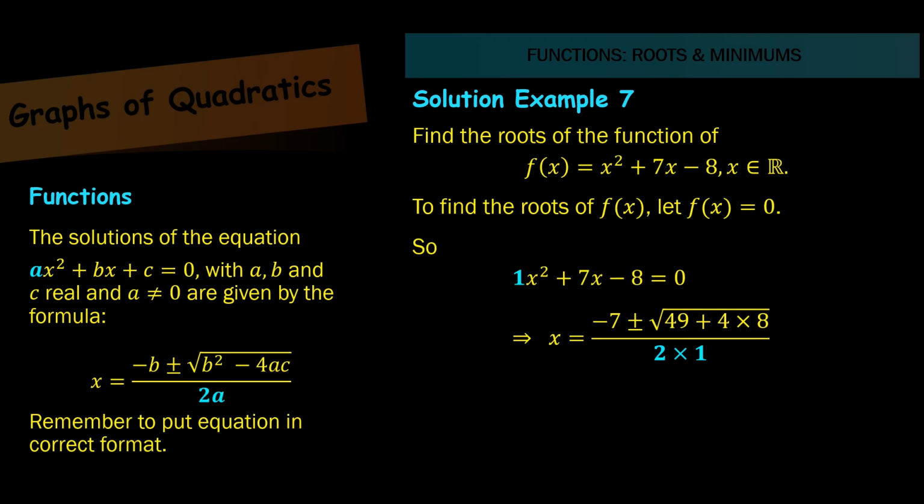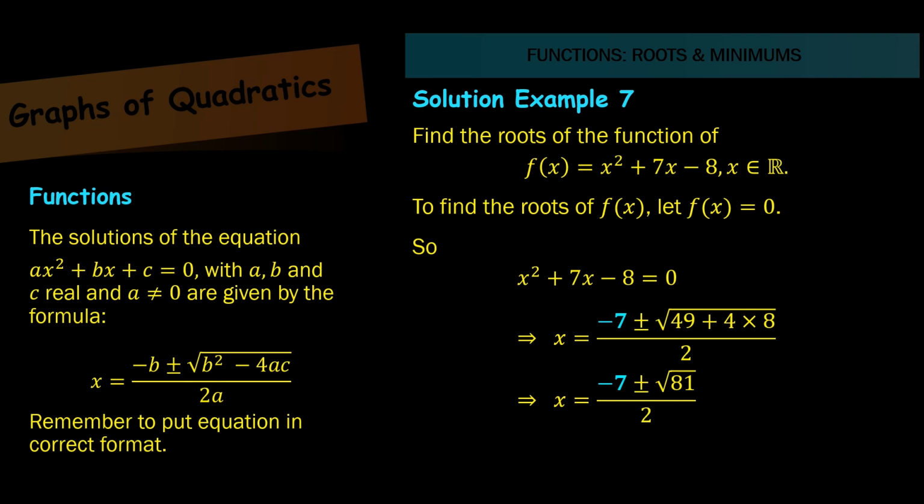And tidying up gives us minus 7 plus or minus the square root of 81, all over 2, which equals minus 7 plus or minus 9, all over 2. To give us x equals 1 or x equals minus 8.